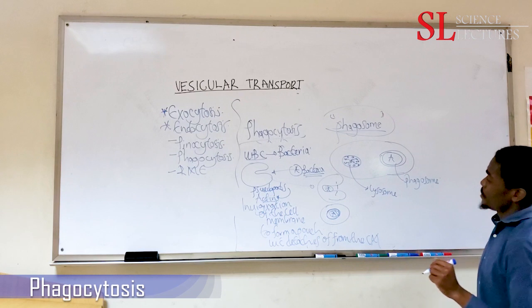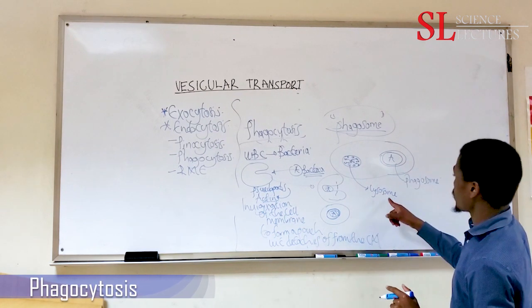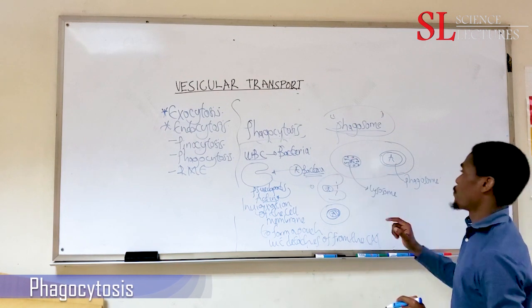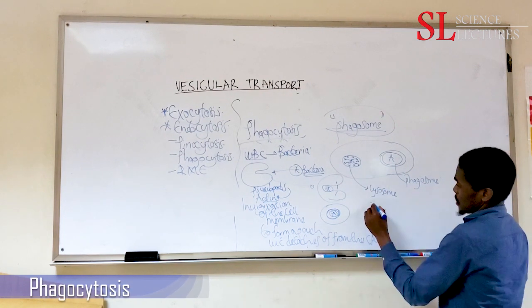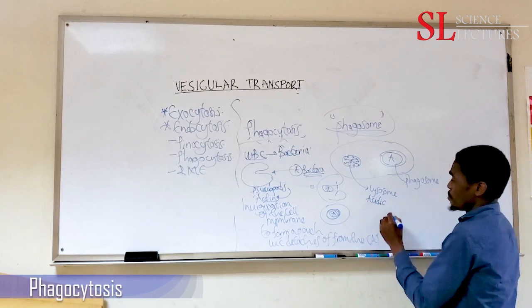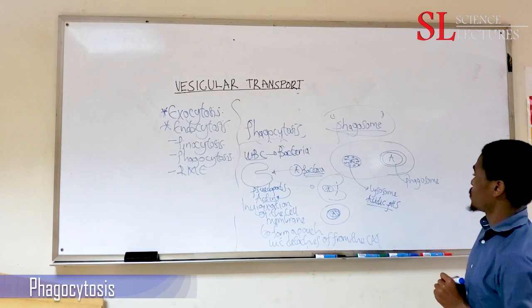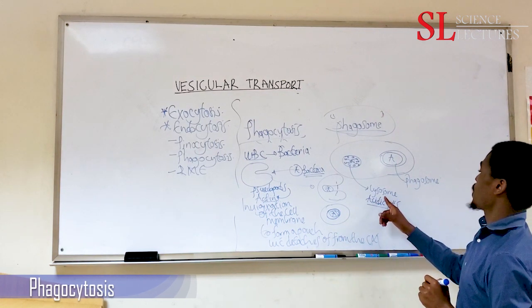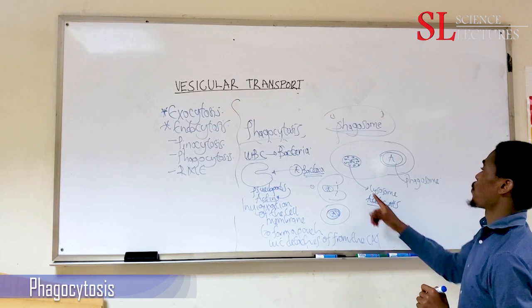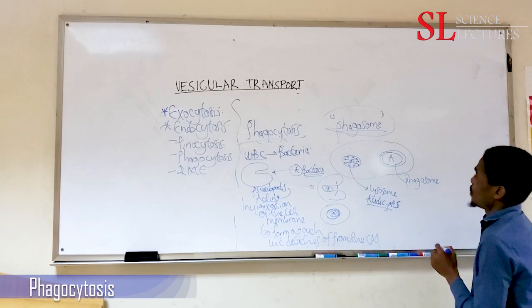And we said in our video of the cell organelles that lysosomes contain hydrolytic enzymes which work best at an acidic pH of around 5. So for our lysosomes to work effectively, they require a pH of around 5.